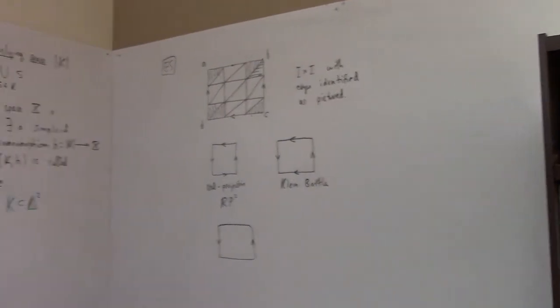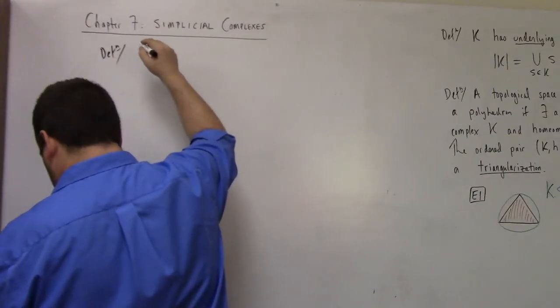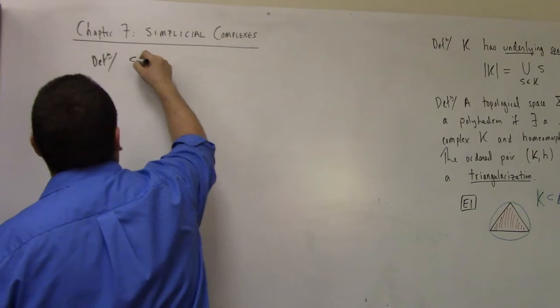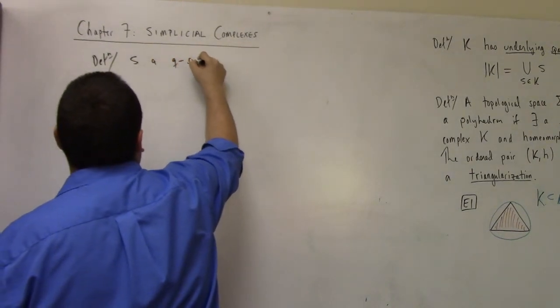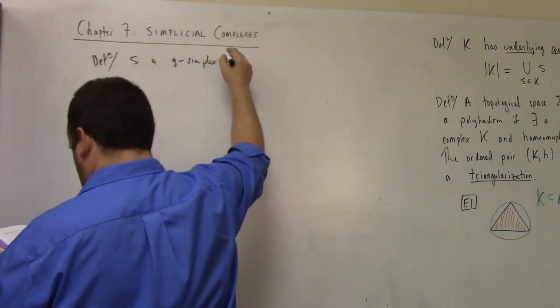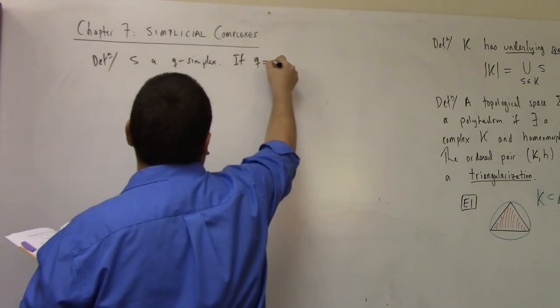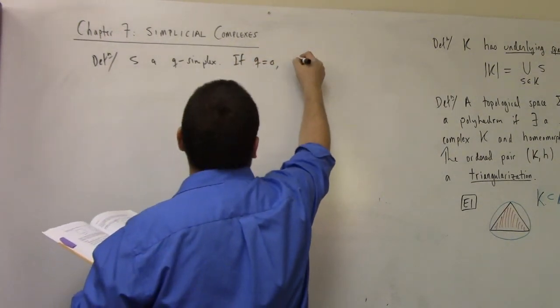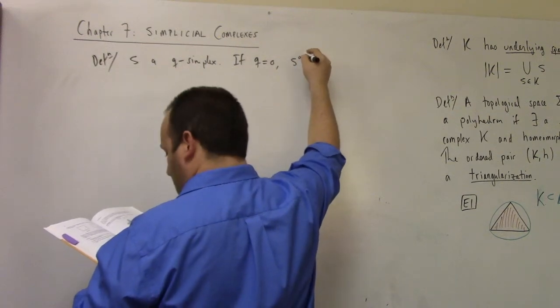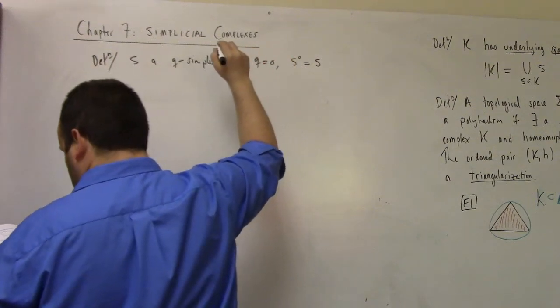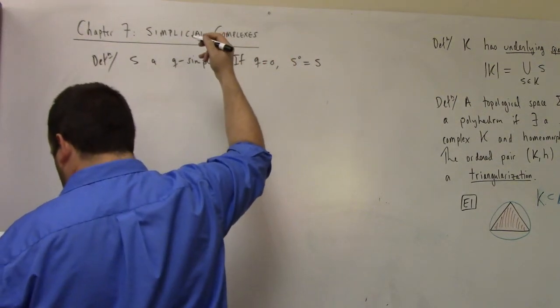So definition, let S be a Q simplex. If Q equals 0, then S degrees is equal to S. It's the open simplex of S, rather.